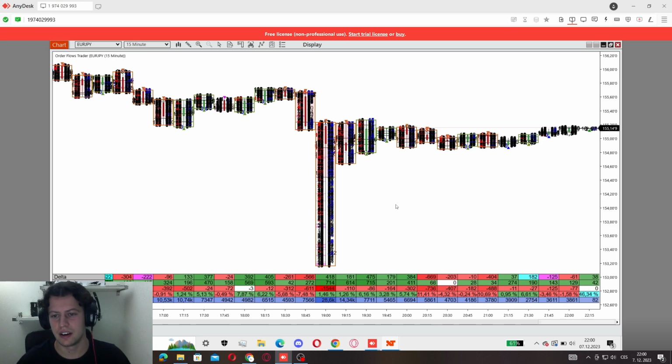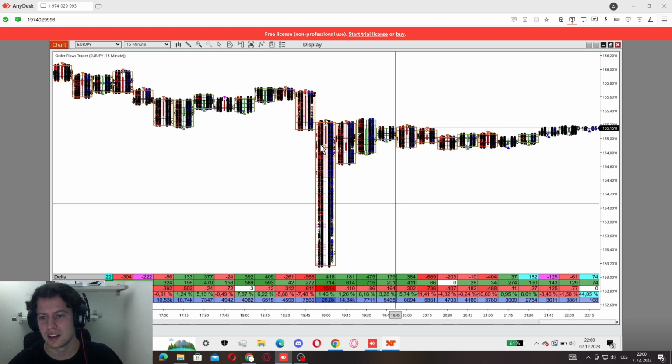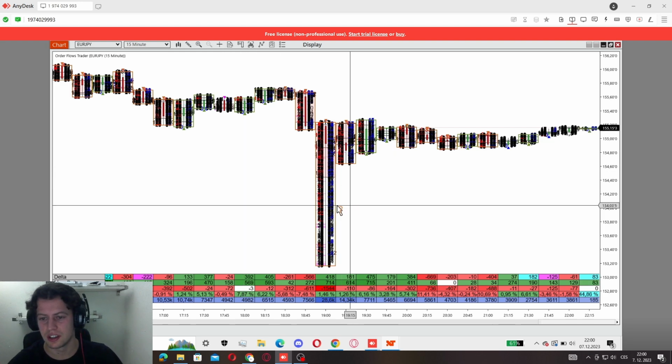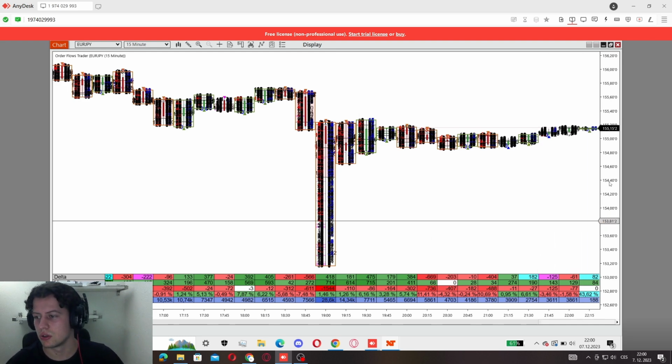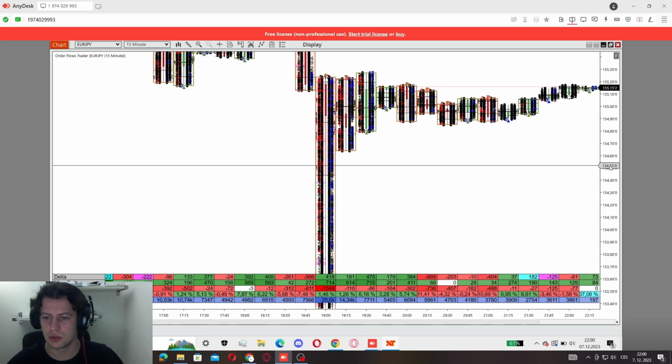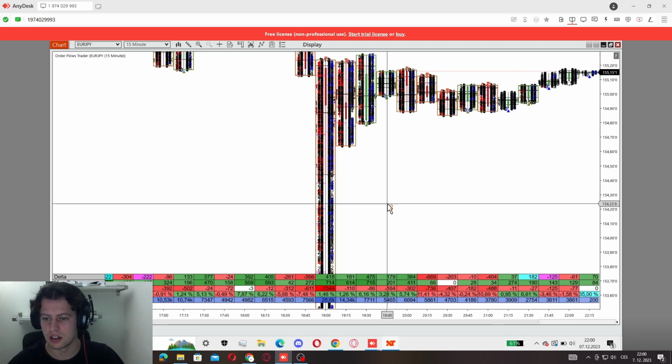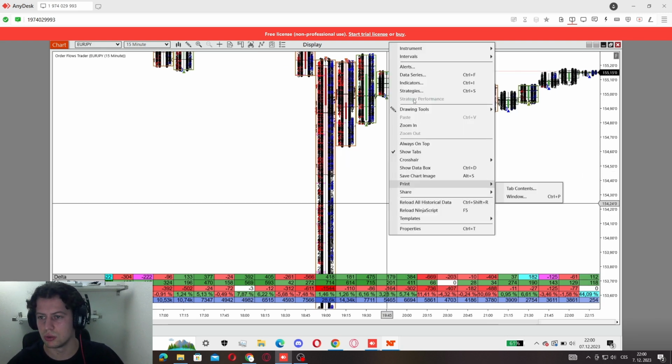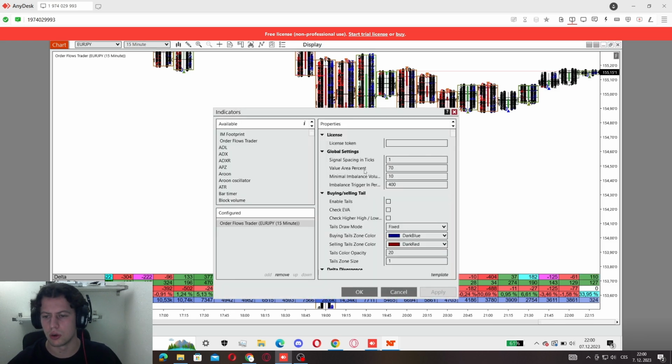We are back with the footprints on the 50-minute time frame. When you go on this higher time frame, first what you will see is this. You don't want to see this, so you have to extend it so you can see something. What I recommend you to do, you go to indicators or data series, something like this, and the order flow.